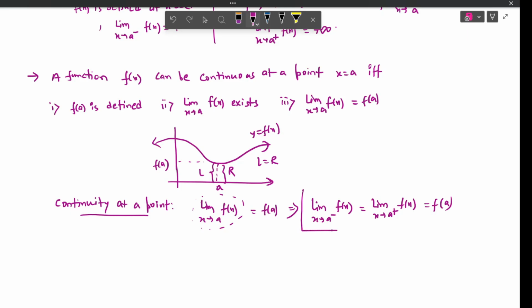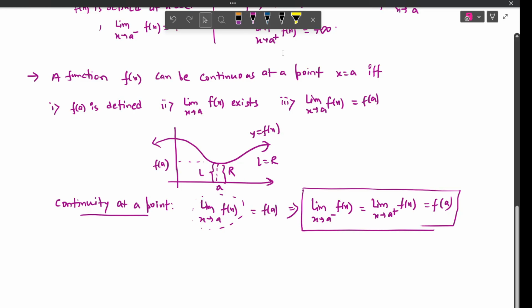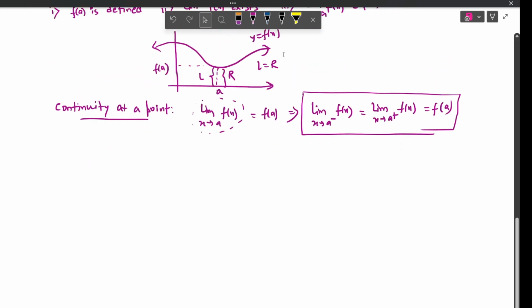So for continuity, these three things should be equal, right? If any one of them is not equal, then the function would be discontinuous. It may be left hand limit equals value of the function, right hand limit equals value of the function, or left hand limit equals right hand limit but not equal to value of the function. In all these cases, the function would be discontinuous.